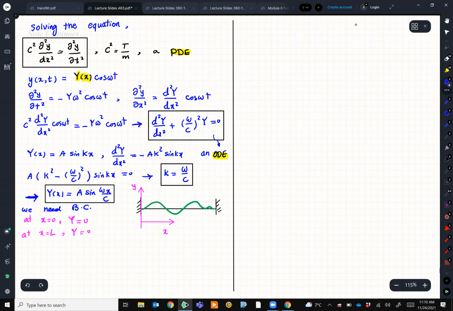So I substitute these things there. Y(L) equal to A sine omega L divided by c equal to 0. So again, A cannot be 0. Sine omega L over c must be 0. In order to set that to 0, we conclude omega L divided by c must be equal to n pi, and this n can be 0, 1, 2, and so on.